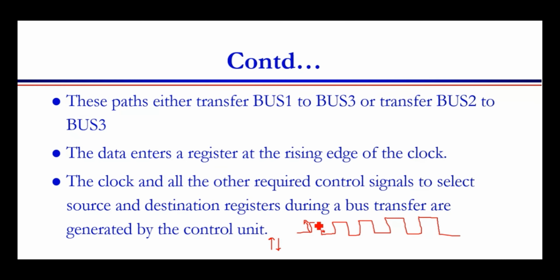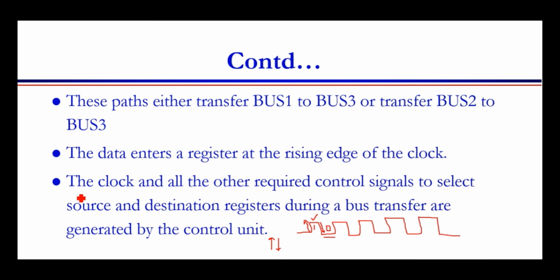We have a high level of the clock pulse that is represented at the peak. When the clock is at its peak position, that is known as the high level, and it is represented by 1. If the clock is at its minimum position, that will be the low level of the clock, and it will be represented by 0.